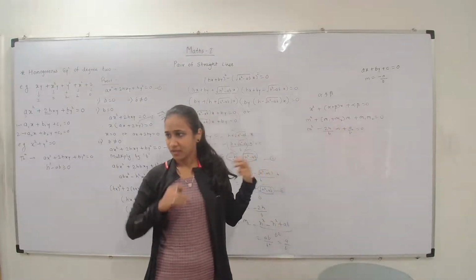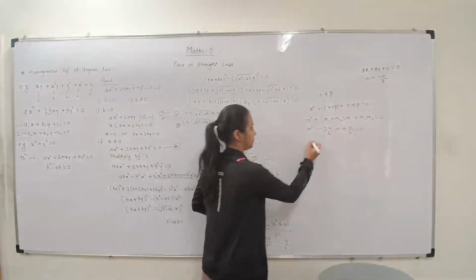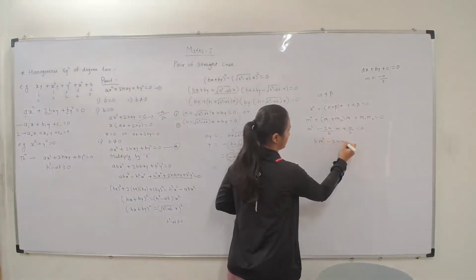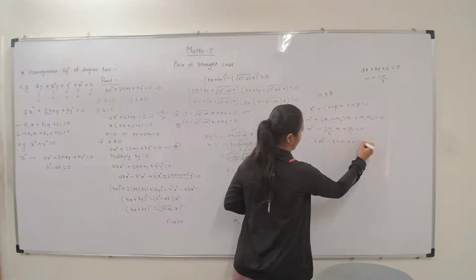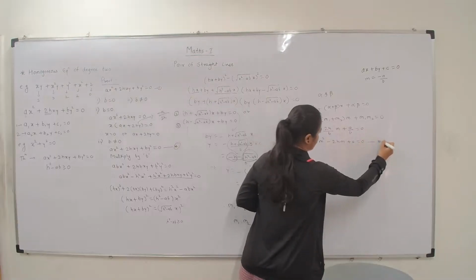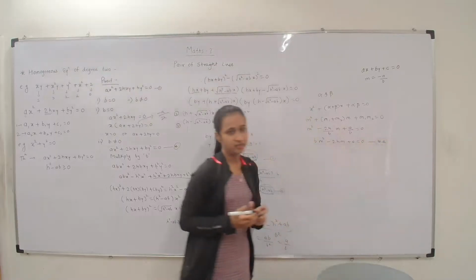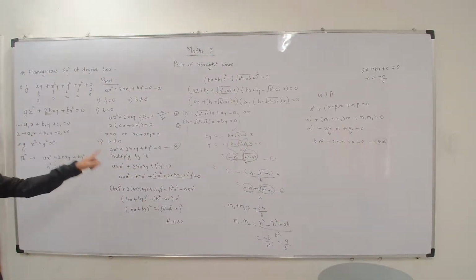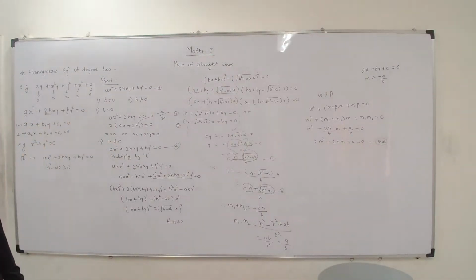Let's solve this. Throughout multiply by b it will be bm square minus 2hm plus a is equal to 0, observe 1 star and 2 star equation. Is that good? 1 star and 2 star equation.